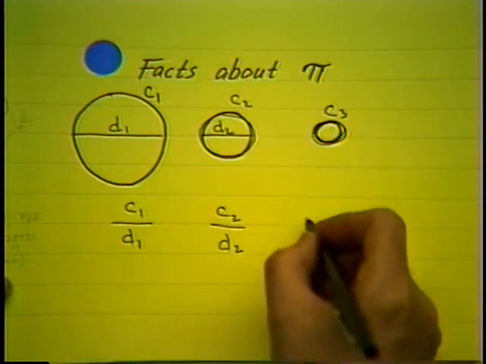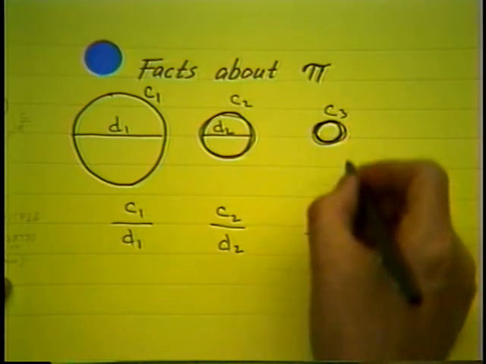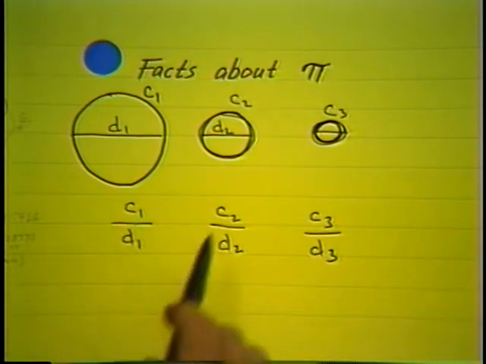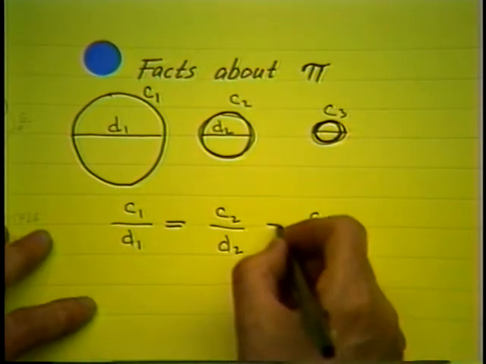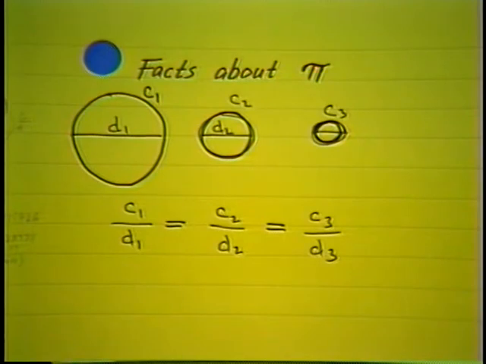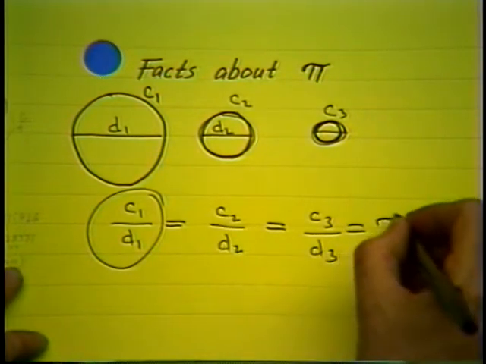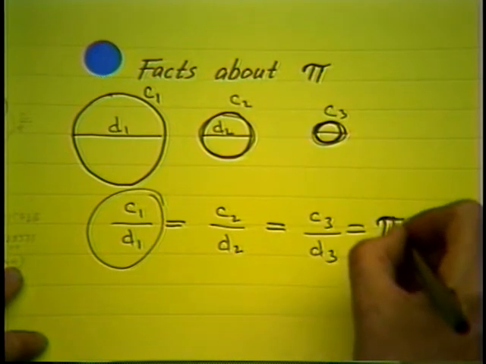Take its circumference, divide by its diameter. It would turn out that this ratio in every single case is equal. And whatever that ratio is experimentally, we have denoted by the Greek symbol pi.